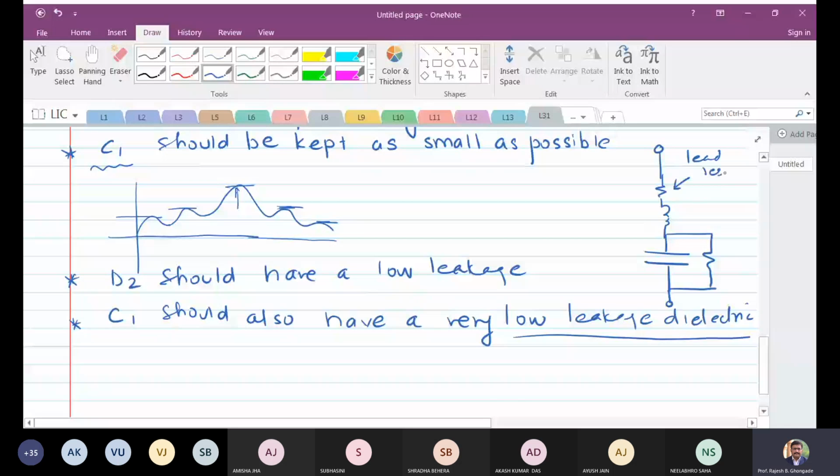This is the lead inductance, the inductance offered by the physical pins or leads of the device. This is the capacitor and this is called the leakage resistance. Even if the capacitor does not have a discharge path, there is some current which leaks and discharges the capacitor.